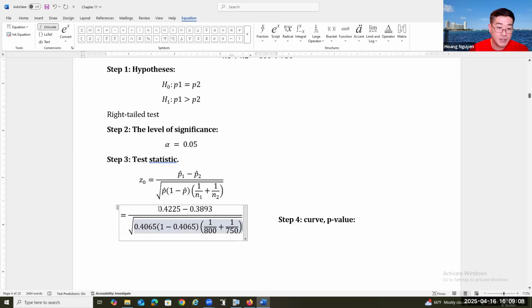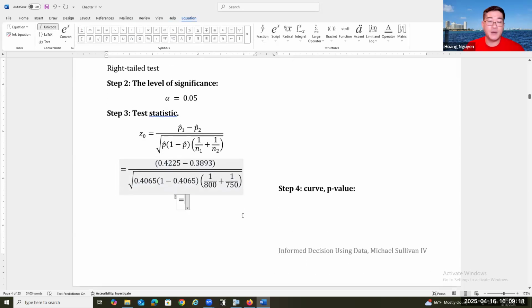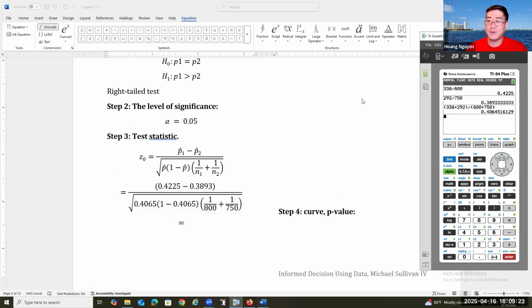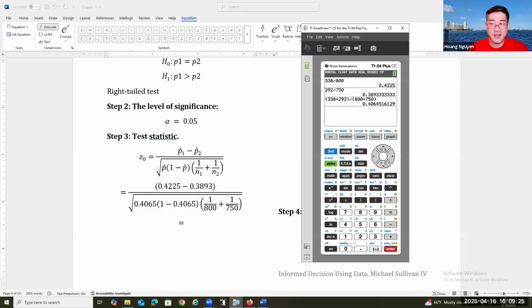And in order to make sure that you get this calculation right, I recommend that you put parentheses around the subtraction in the numerator. Okay, so this is the formula that we use to get the answer for the test statistic. Now let's give it a try with the calculator. Let's see if you can get the correct answer.